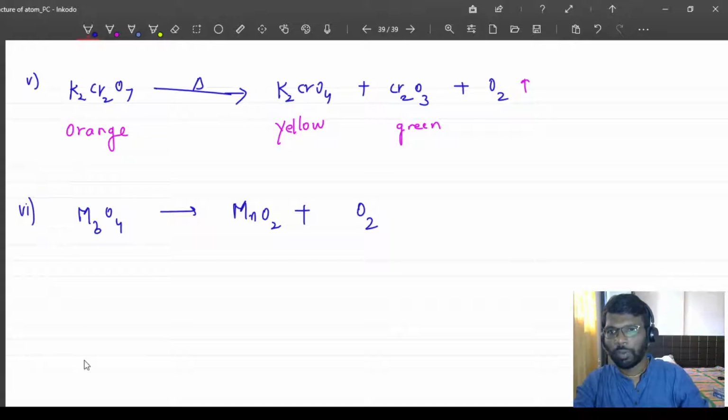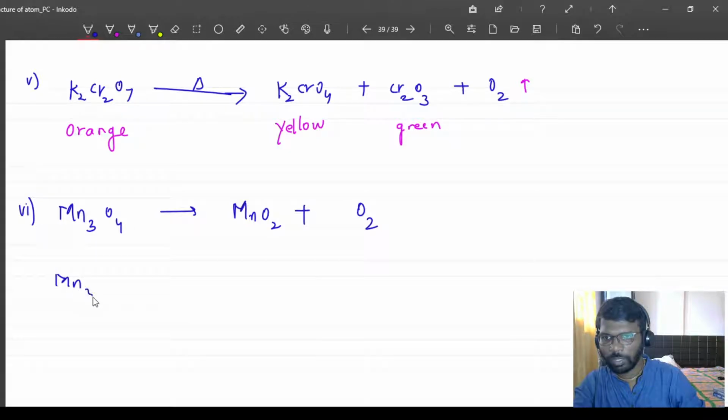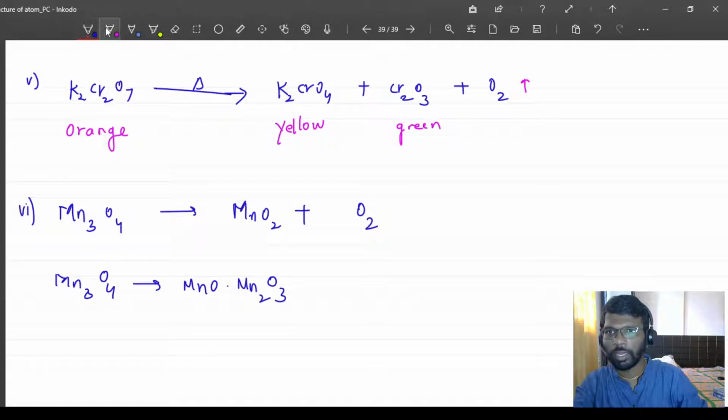This compound Mn3O4 is written like this: MnO and Mn2O3. So here there are two oxidation states for Mn, plus 2 and plus 3, and it is being oxidized to plus 4. Here the oxidation of these is taking place.